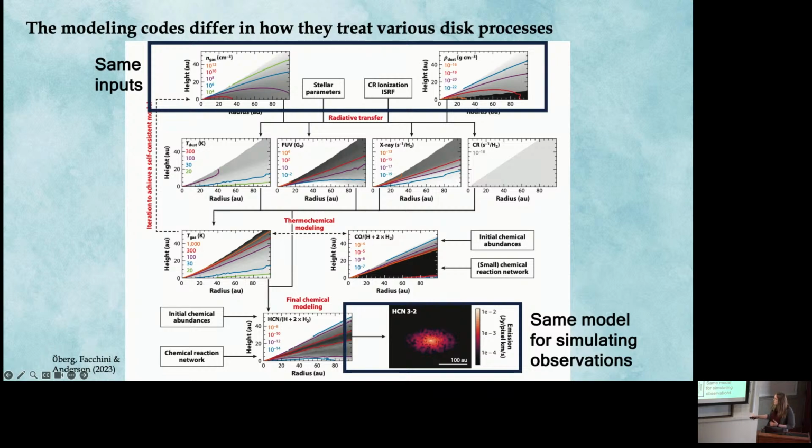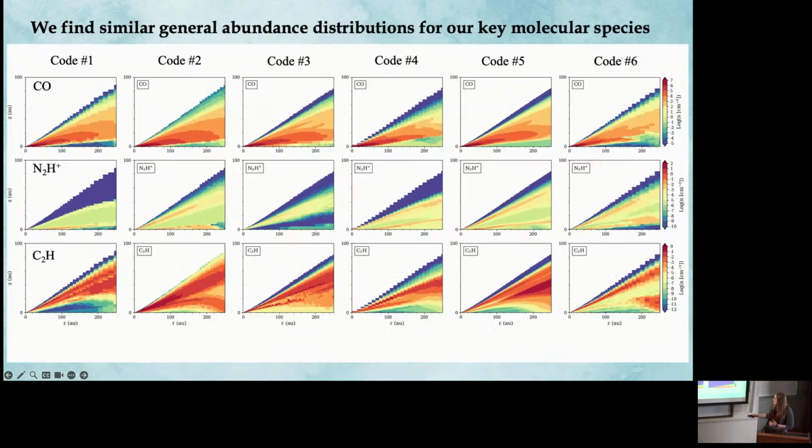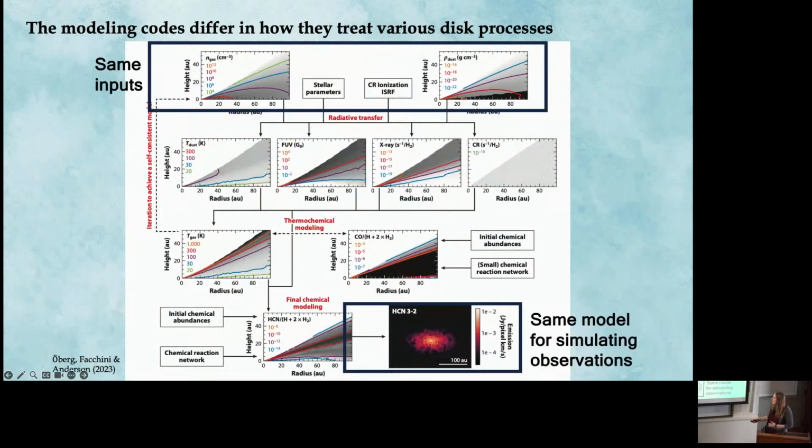Once they've produced the chemical abundances that I'm showing in this plot, I use the same process for each of the codes to convert this into the simulated observations. Some of the codes have their own ray tracing or radiative transfer methods to do that, but we didn't want to test that as a difference. We wanted to keep our tests to these two steps, the radiative transfer and then the thermochemical modeling. So that was the thought process there.